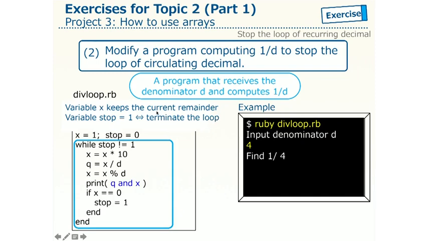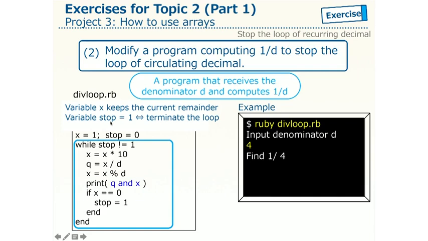The variable x is used to keep the remainder that is just obtained, which is in fact the next dividend. So initially, it is set to 1 here because we are going to compute 1 divided by d. The variable stop is used to remember the status of whether the calculation should be stopped or not.